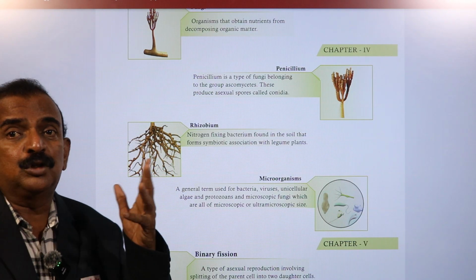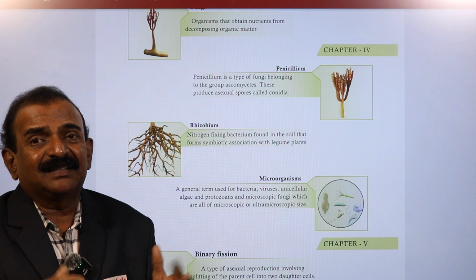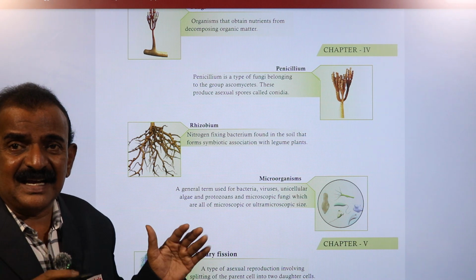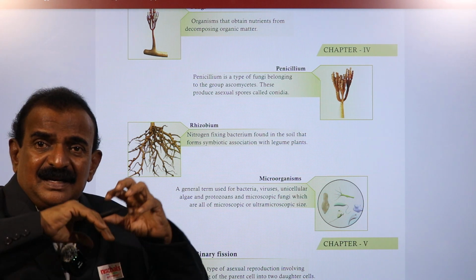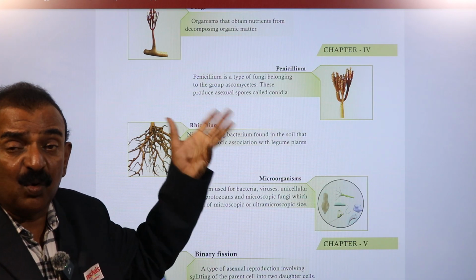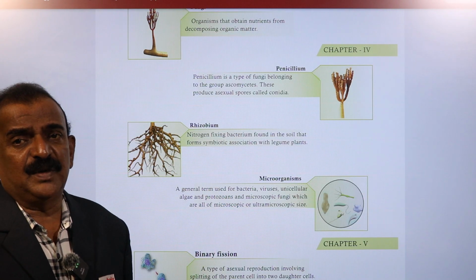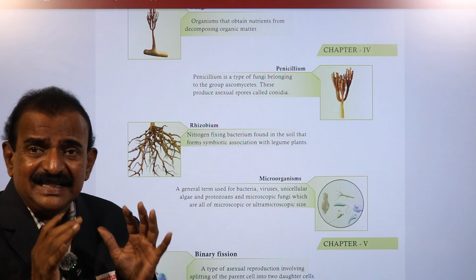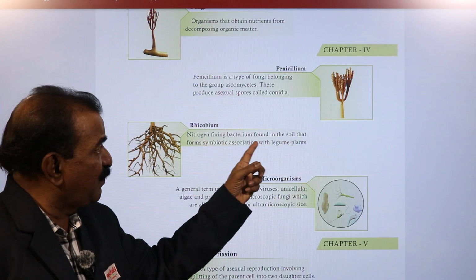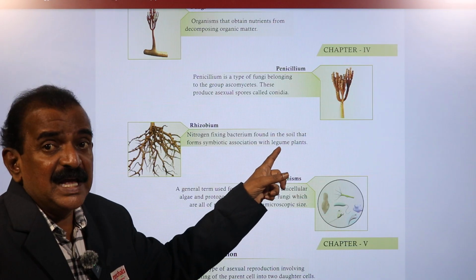So both plants and these microbes benefit, and this type of relation is called symbiosis. The nitrogen-fixing bacteria convert atmospheric nitrogen to nitrate, and nitrates are used by the plant for its growth, and the plants give shelter and food to the Rhizobium. In this way both organisms live together, and that condition is called symbiosis. These are nitrogen-fixing bacteria found in the soil that form a symbiotic association with legume plants.